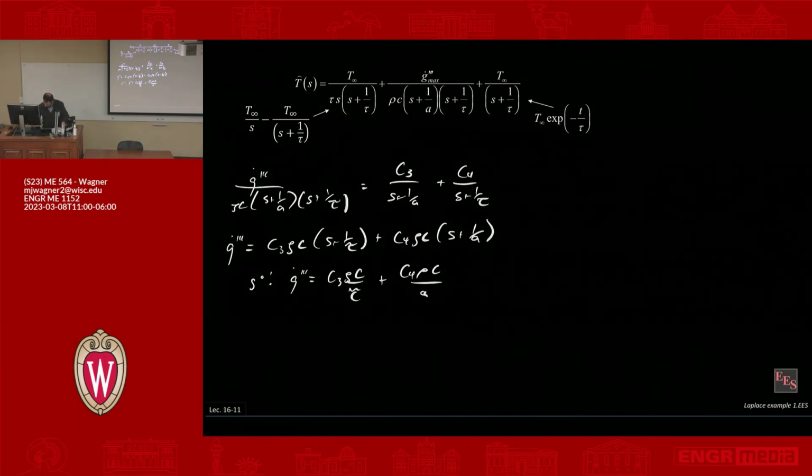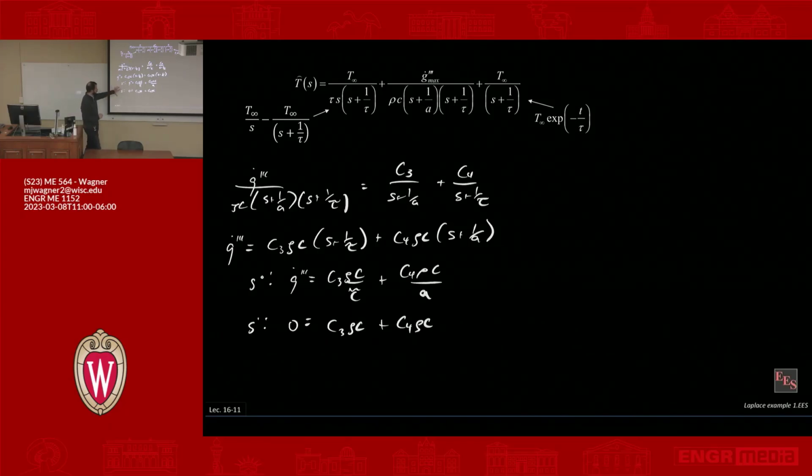Rho c over a. So that's s to the 0th power. You can double check that I did that right. And then s to the 1st power is 0 equals c3 rho c plus c4 rho c. We could go back, do the algebra, solve for this. I won't walk through the steps, but I'll just give you the answer here.